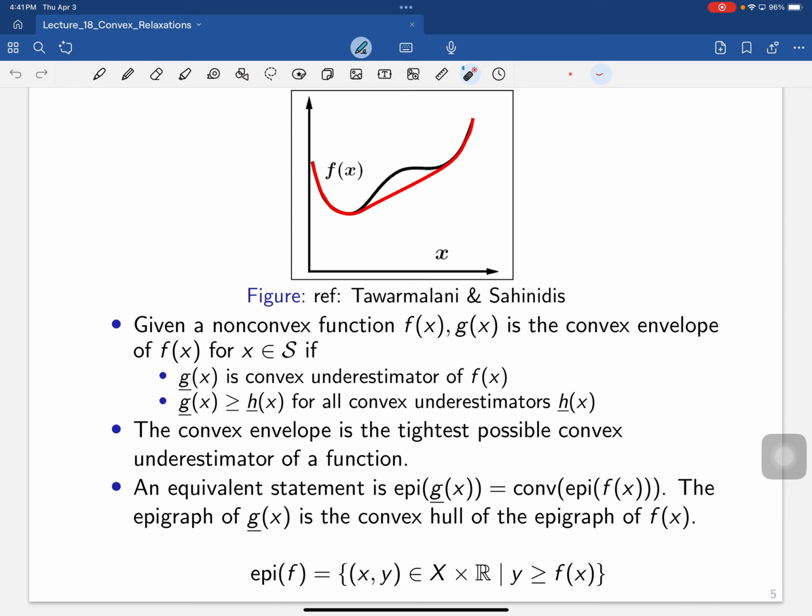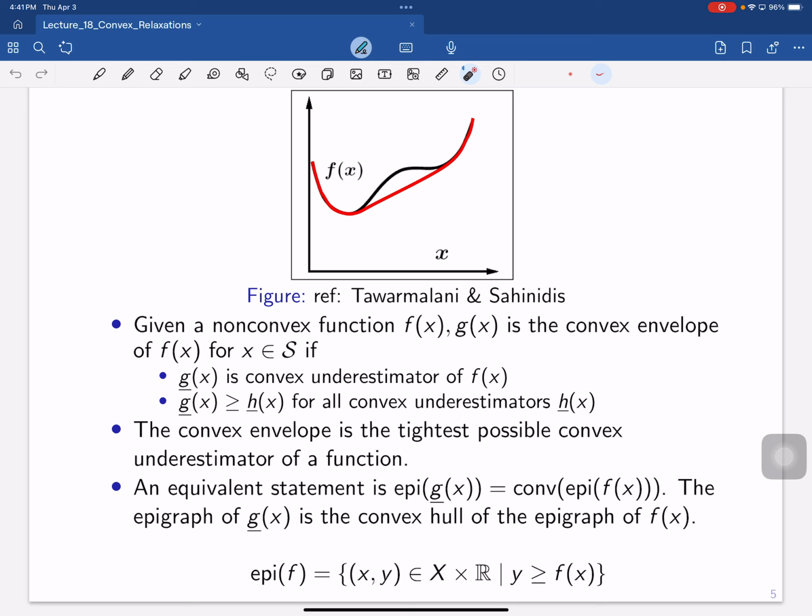Okay. So here's an equivalent statement. What does it mean to be tighter than any other convex underestimator? How do you actually describe that? It states the epigraph of G of x is the convex hull of the epigraph of f of x, right?